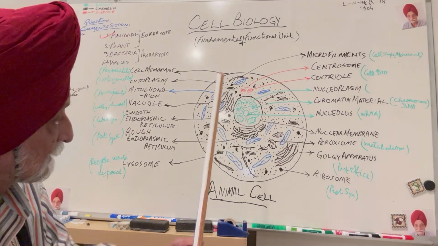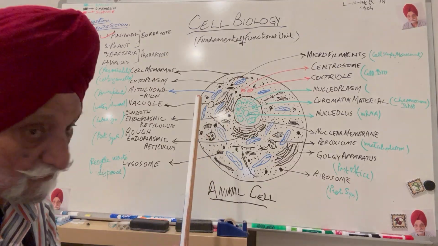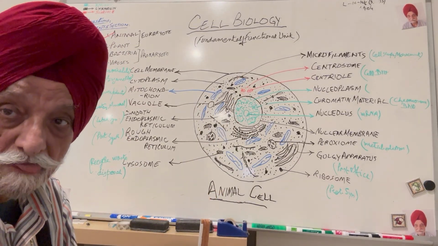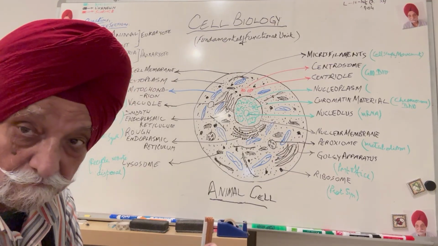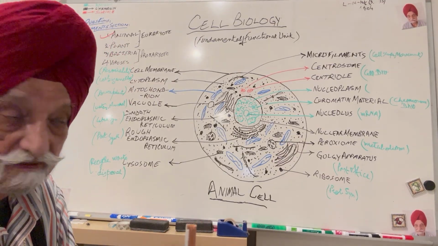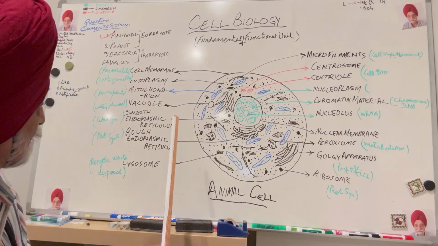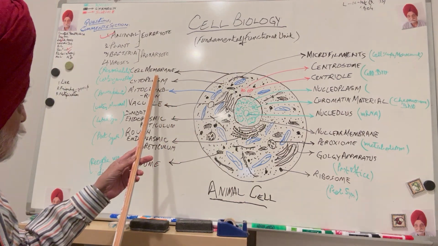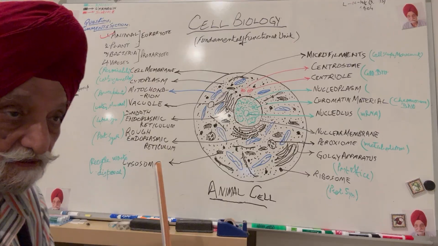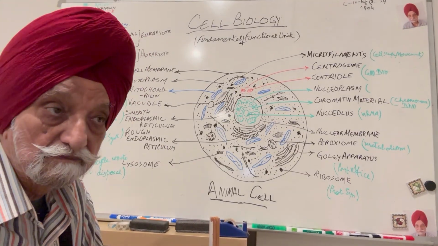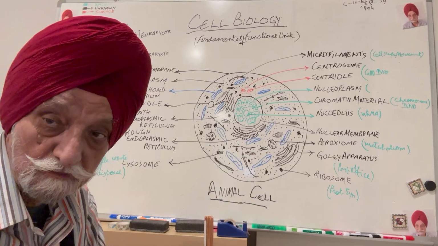The cell membrane separates the cell from all the other cells of the body and all the structures around it. And the cell membrane is made up of proteins and carbohydrates.